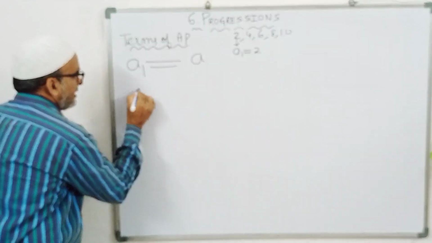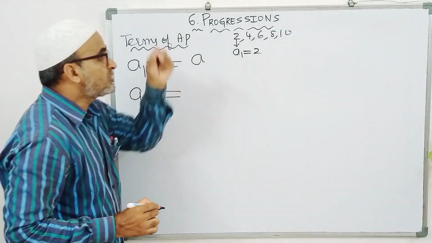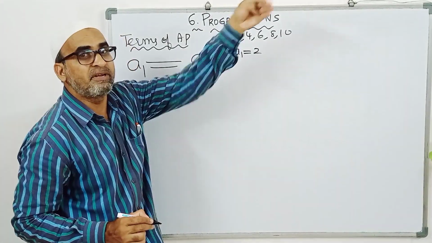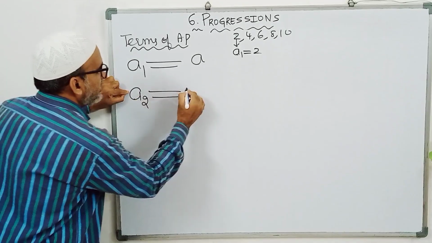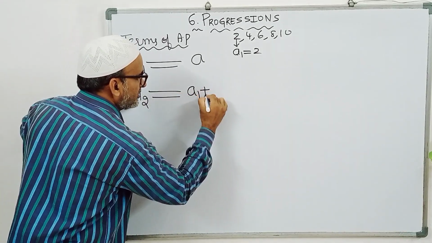Next is A2. How will you get A2? Each term except the first term is obtained by adding a fixed number to its preceding number, the previous number. A2's previous number is A1, plus fixed number.